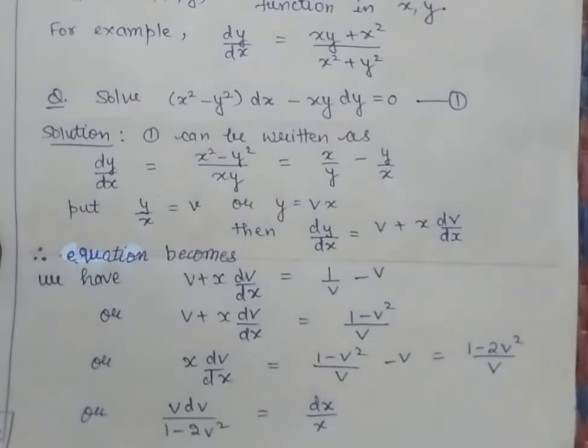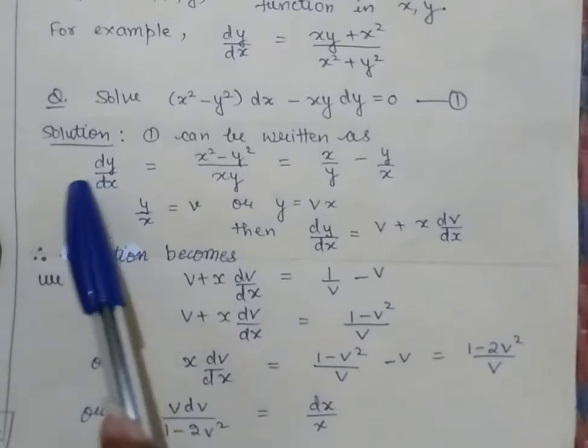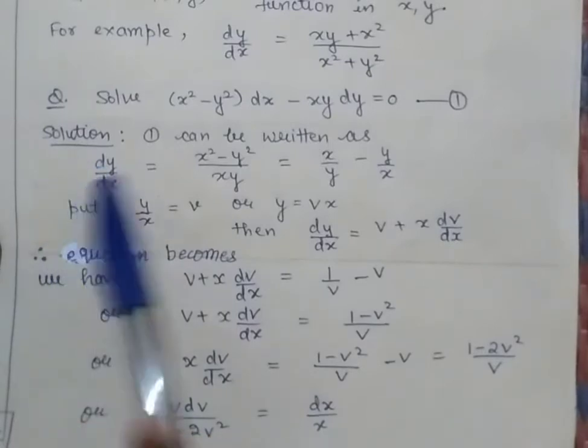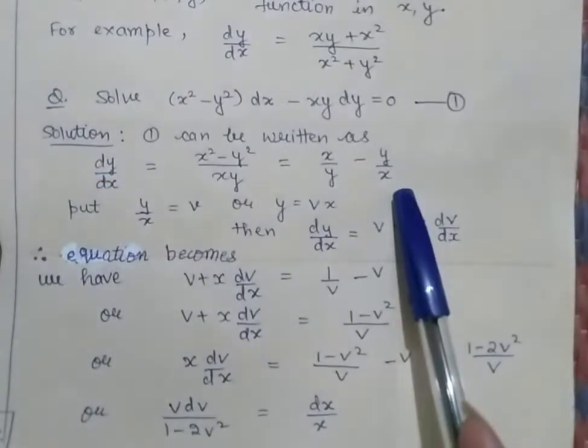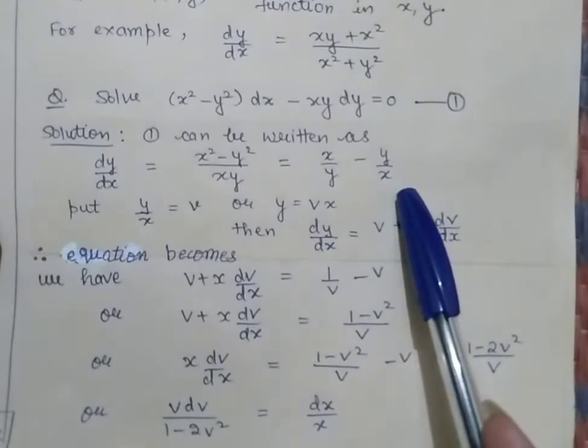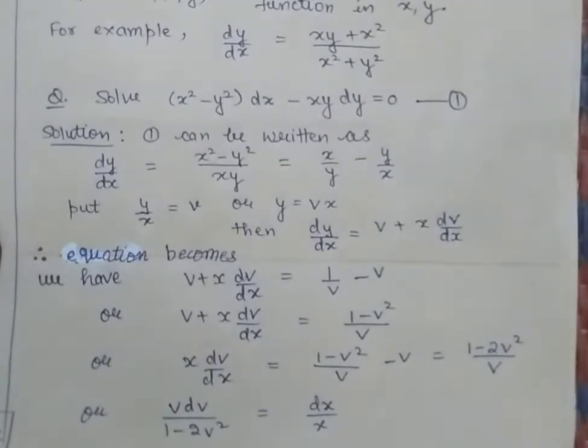Now, in homogeneous differential equation, we substitute y by x equal to some variable, say v, or x by y equal to v. Since we can write this equation in the form dy by dx equal to x by y minus y by x, we substitute y by x equal to v.